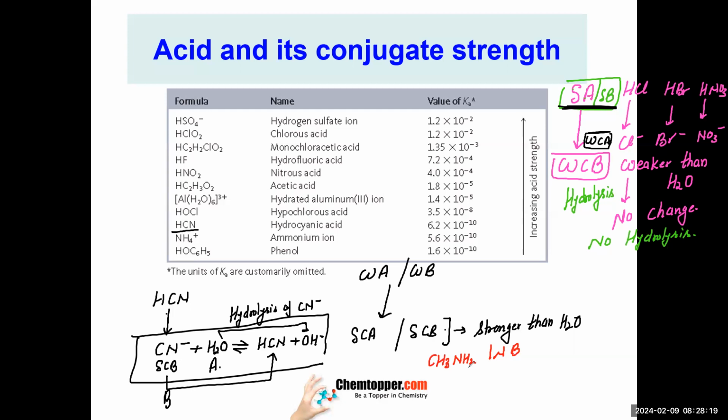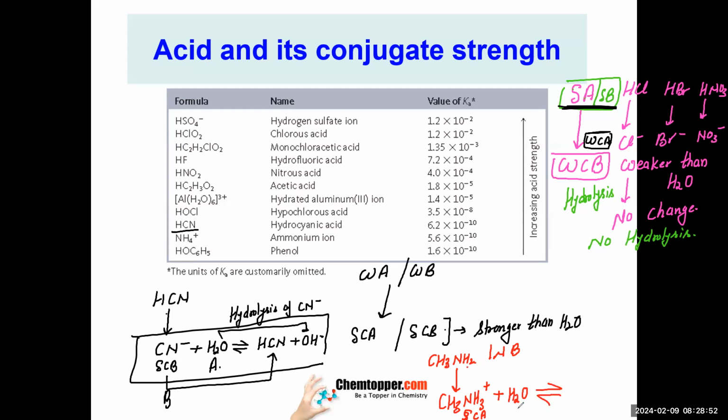This weak base, when you convert that into its conjugate acid, that conjugate acid is strong. Please do not think that it's 100% dissociated, it's very, very strong. No, no, no. It's just stronger than water. Which means when it goes into water, it will react with water.